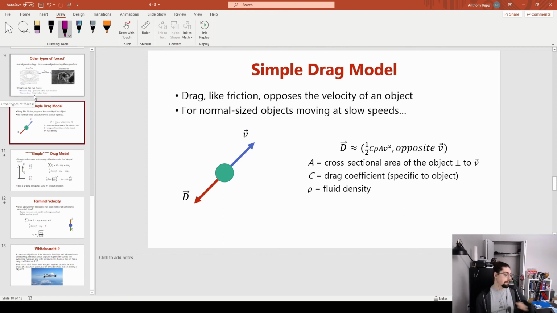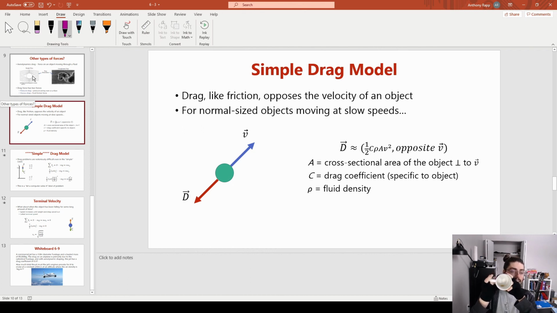Cross-sectional area might be the most difficult part of this thing. Imagine for a second, if we're looking at this mug, and if you look at this thing straight on, how does it appear to you right now? Ignoring the handle, what do you see? Any guesses? A rectangle. Exactly. If I turn it like this, now what do you see?